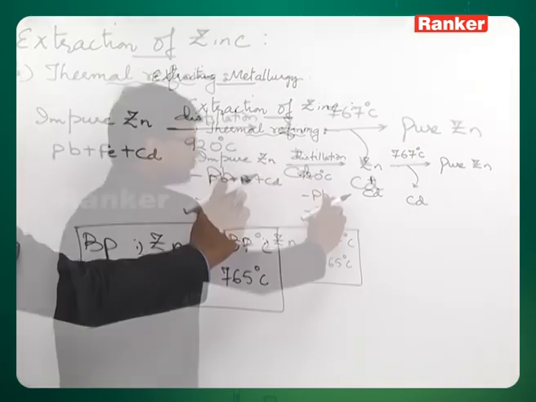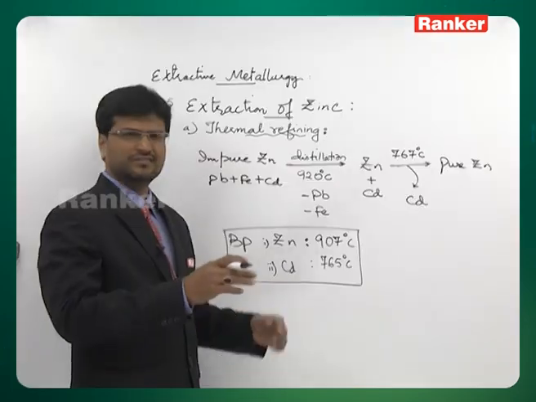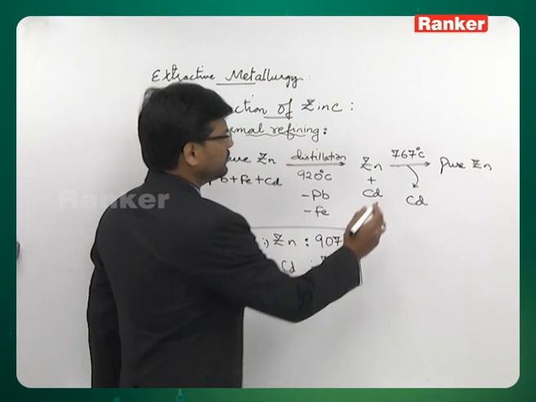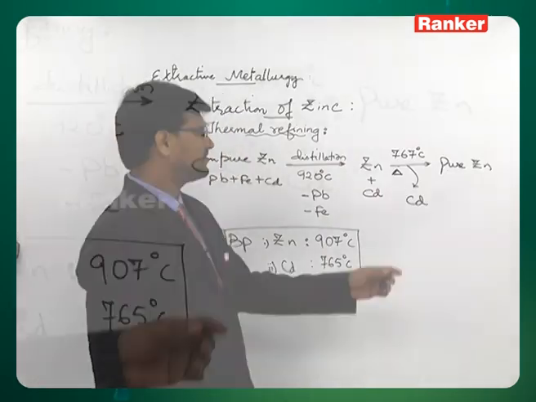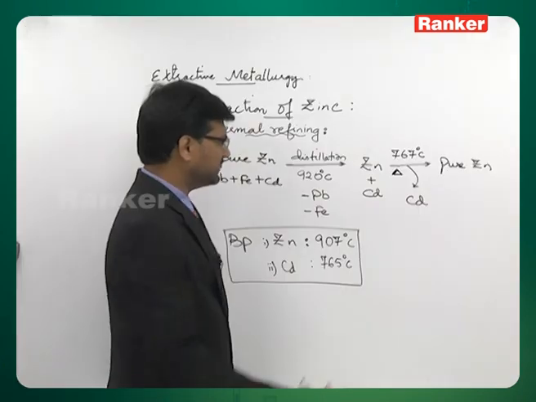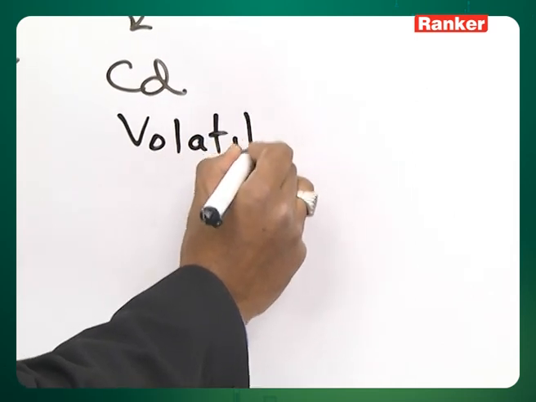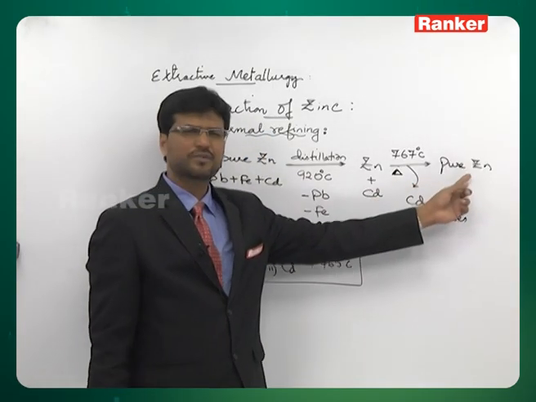So, we get rid of these two impurities, lead and iron. What comes out is zinc along with cadmium. Now, we heat it to a temperature 767 degrees Celsius. At this temperature, cadmium volatilizes, escapes out. What is left is pure zinc.